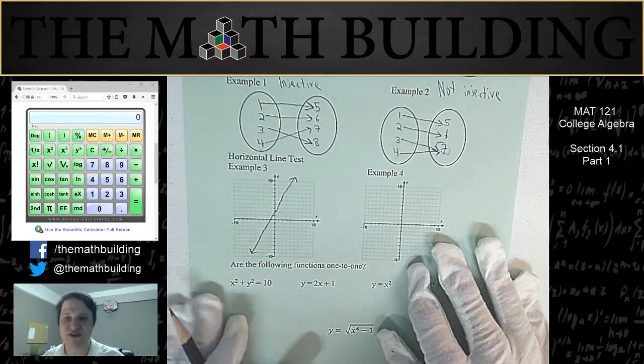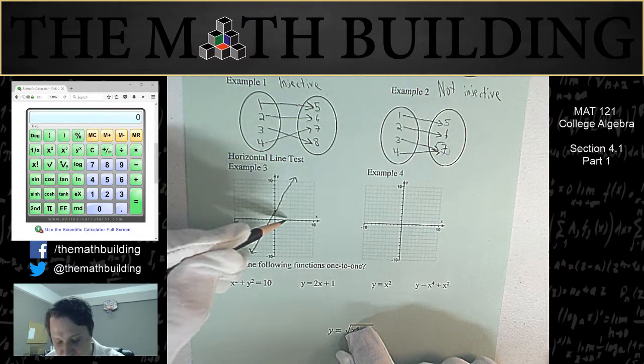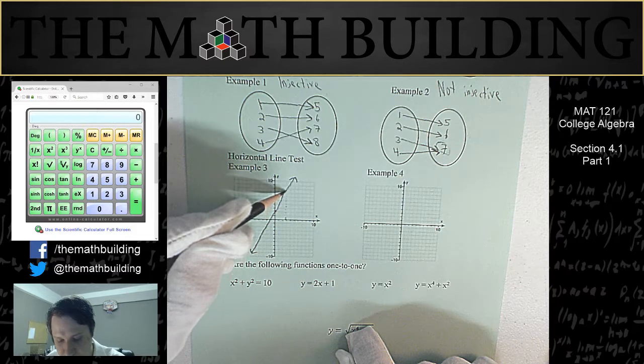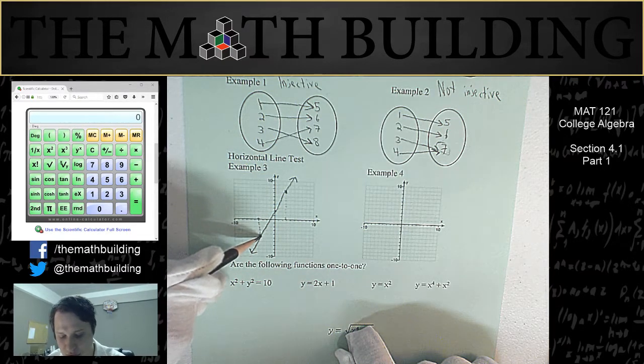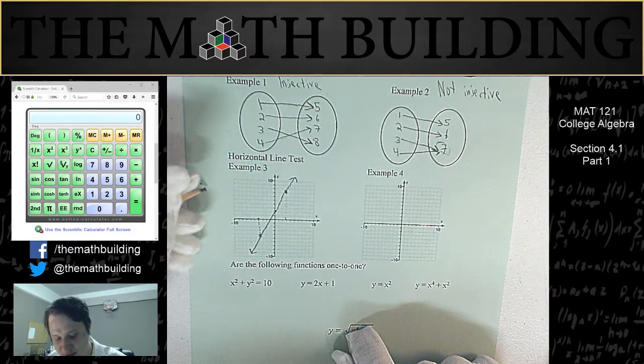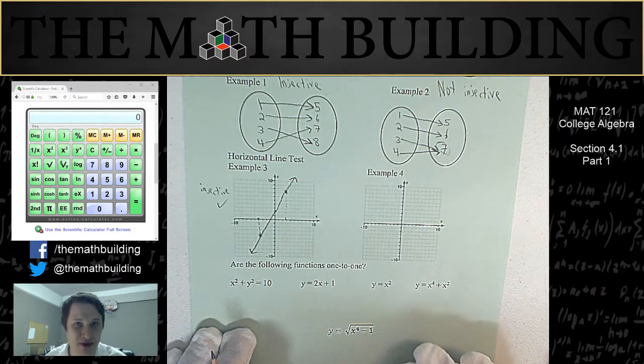You should be able to see that this is going to be an injective function, because every time I have an input, it's going to go to a unique output.